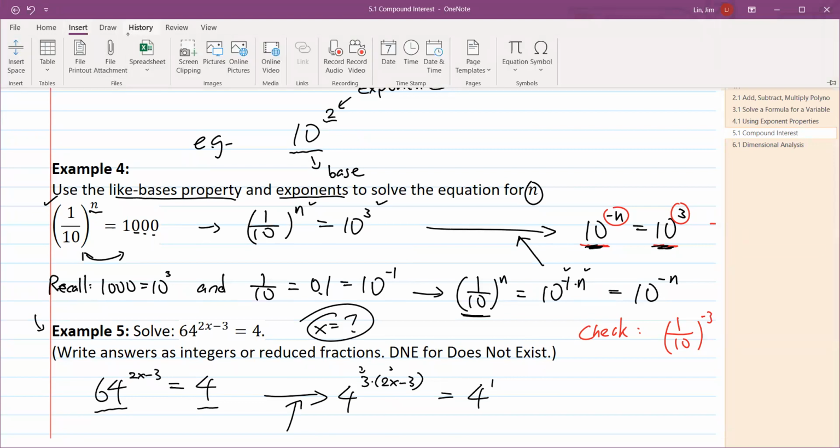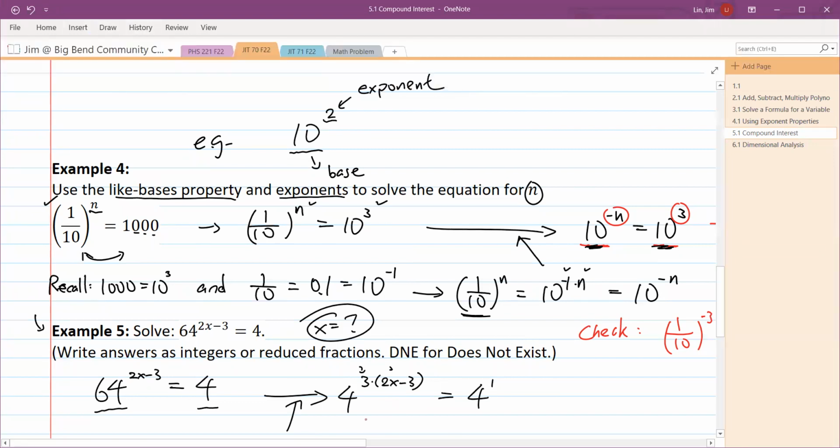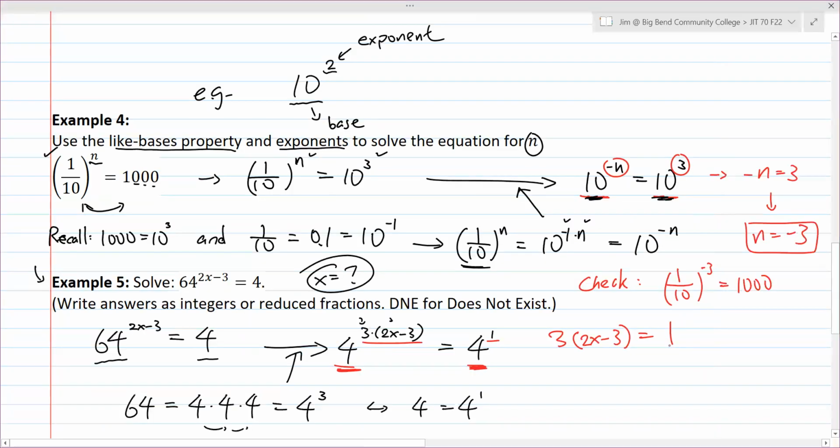And we have achieved the goal by making the same bases on both sides of the equation. And then that means we can equate the exponents from both sides as well. So that is the equation for you to work on for the final answer.